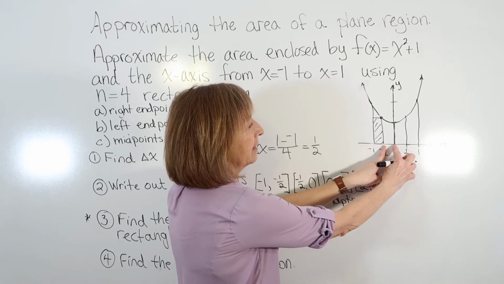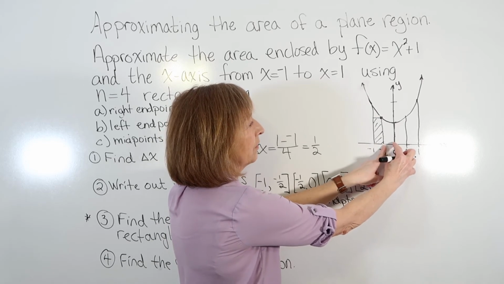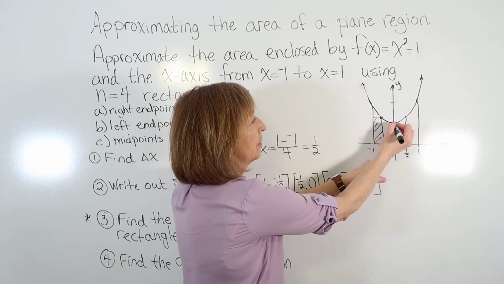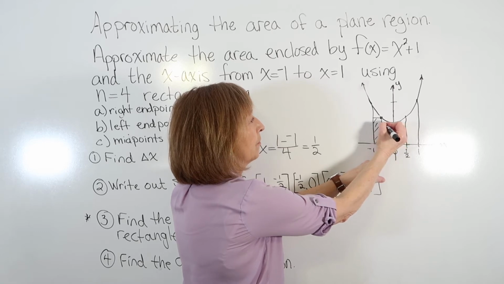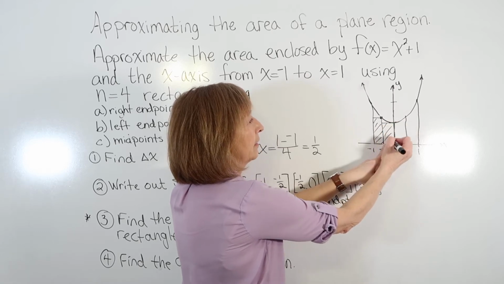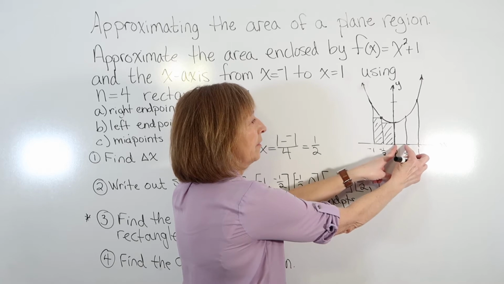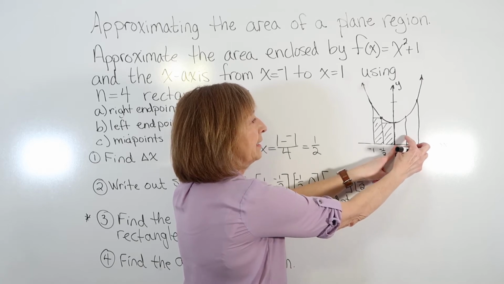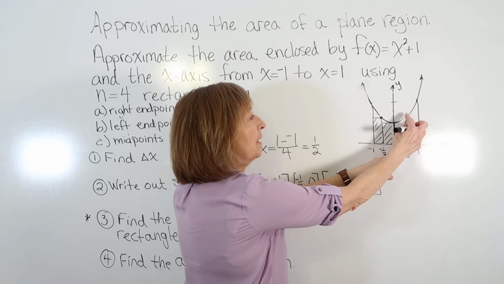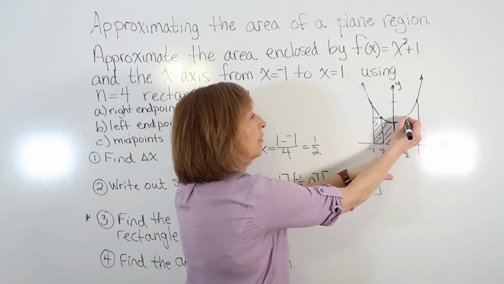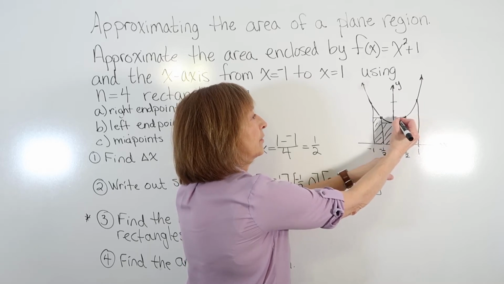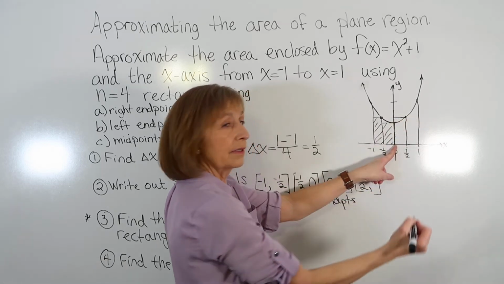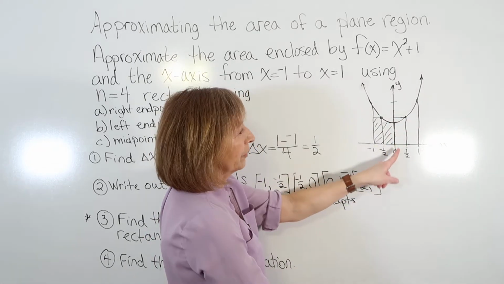I'm going to go to the next subinterval, follow the right hand up to the curve, and then draw a horizontal bar back over. Go to the next subinterval, follow my right endpoint up to the curve, draw a horizontal line over to the previous vertical line.